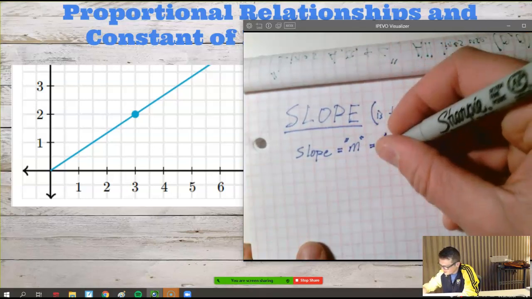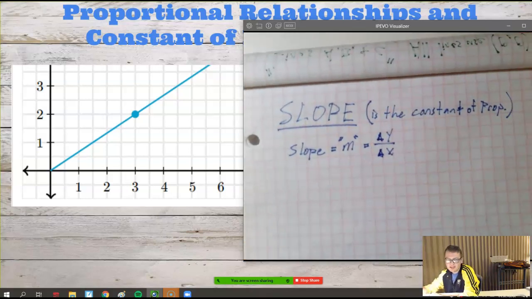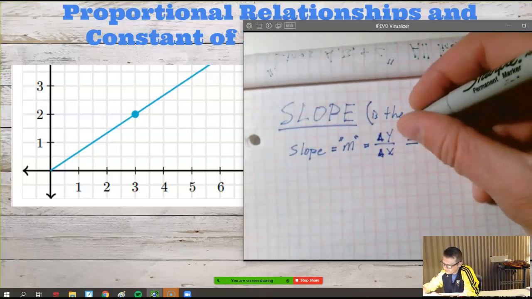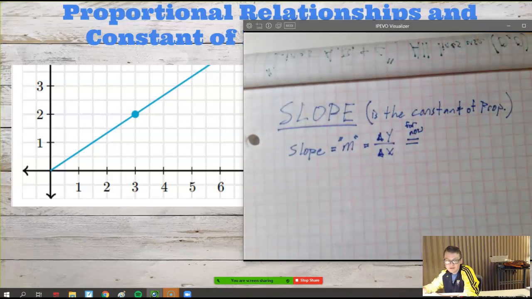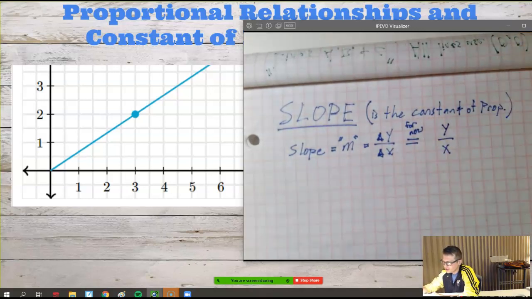It's the change in y over the change in x. But for now, just for now, we're going to say that's equal to just y over x. We will talk later when things get more complicated about when that changes. But for now, it's just y over x.